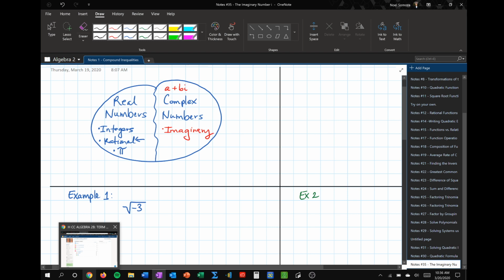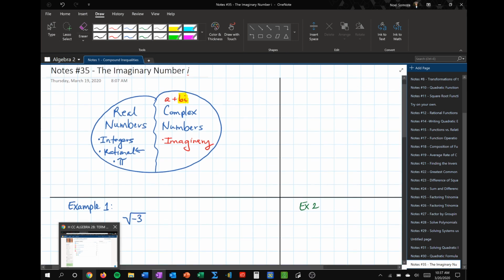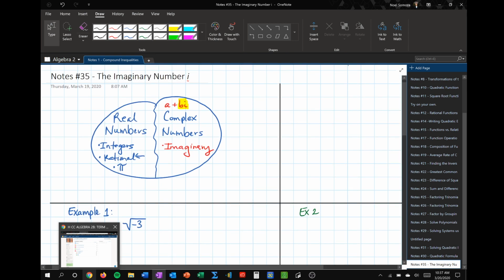Not the irrational, the imaginary. The imaginary specifically is just this part of the complex number. Complex is split into two parts, and the imaginary is the second half of the number. We're going to deal with this imaginary number today, just to give you an idea of where that fits.